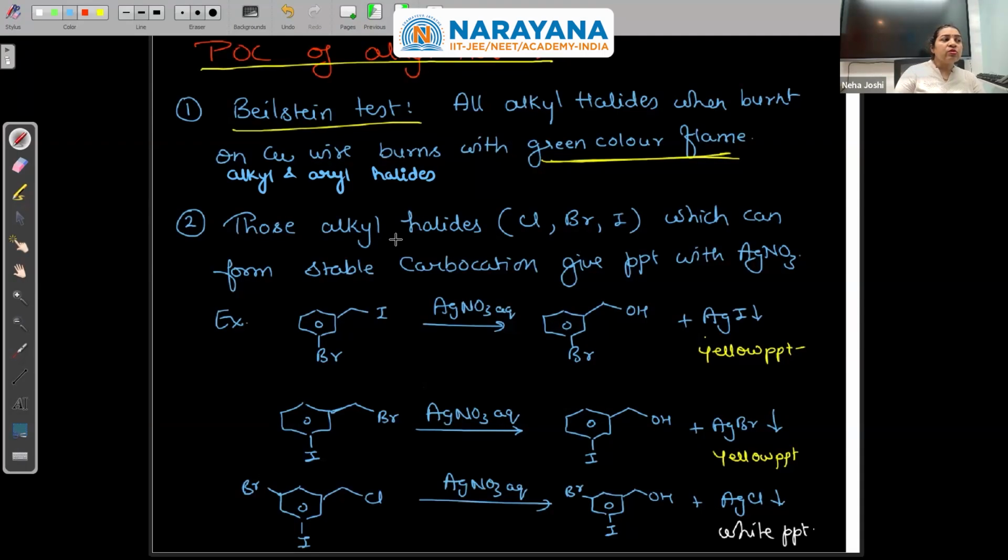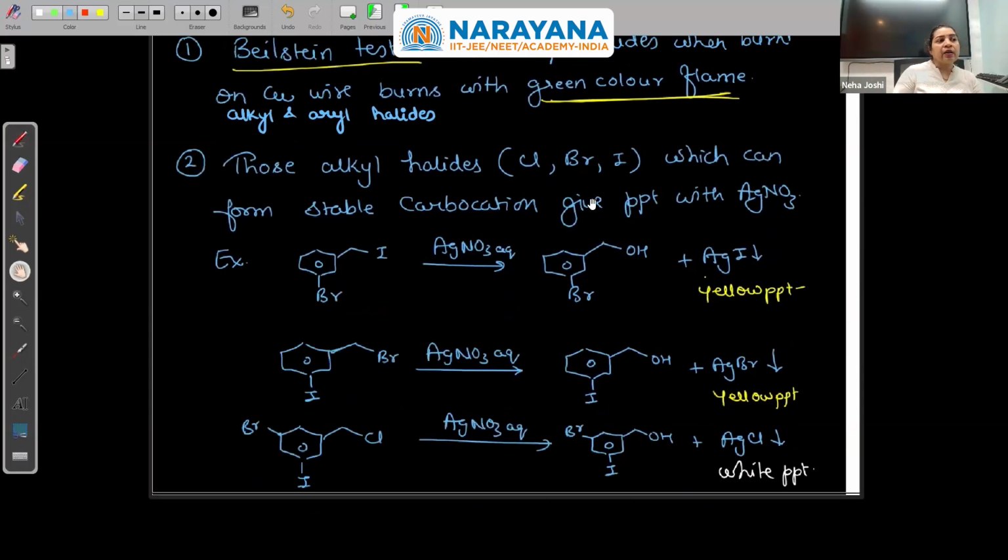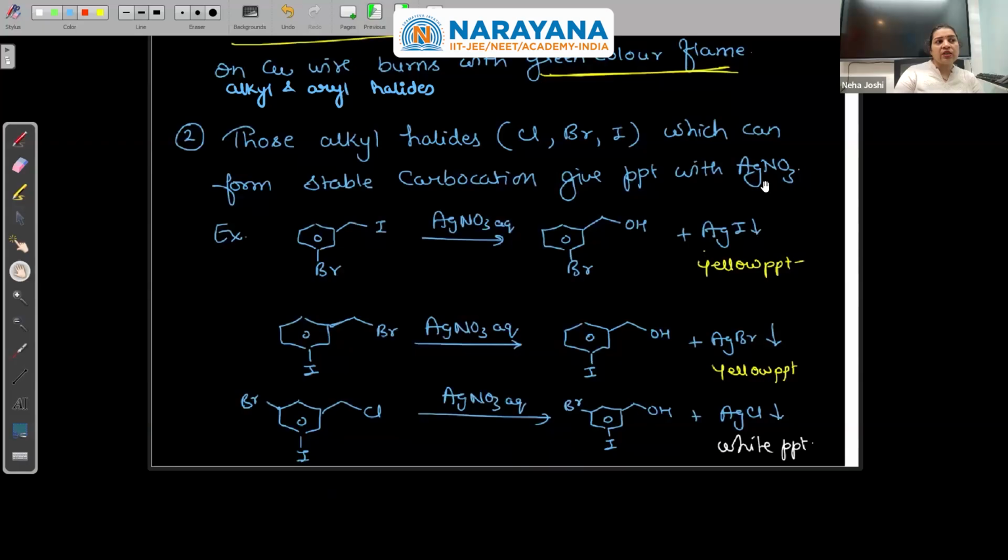Okay, then comes those alkyl halides which can form stable carbocation, which give precipitate with AgNO3. So if I have silver nitrate, okay, and see, I have two halogens in this ring. Carefully watch.